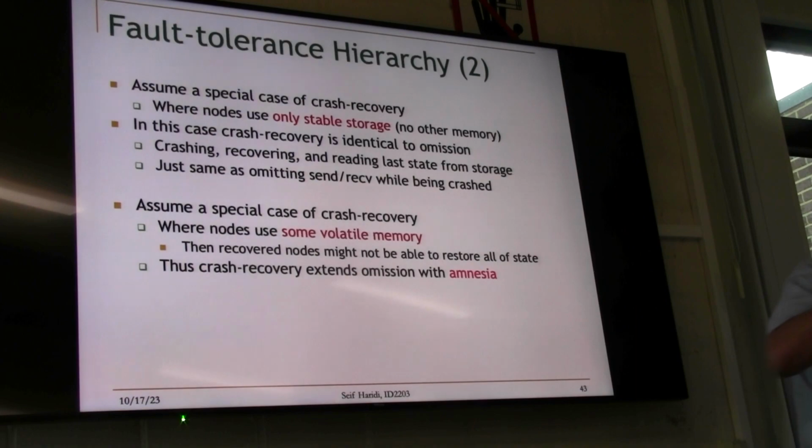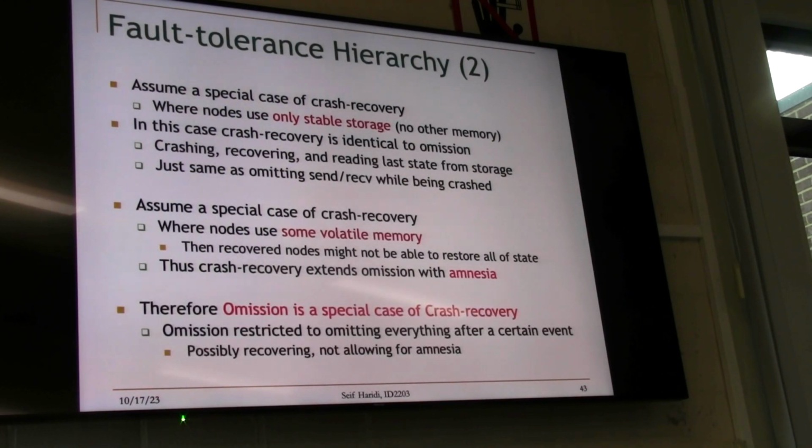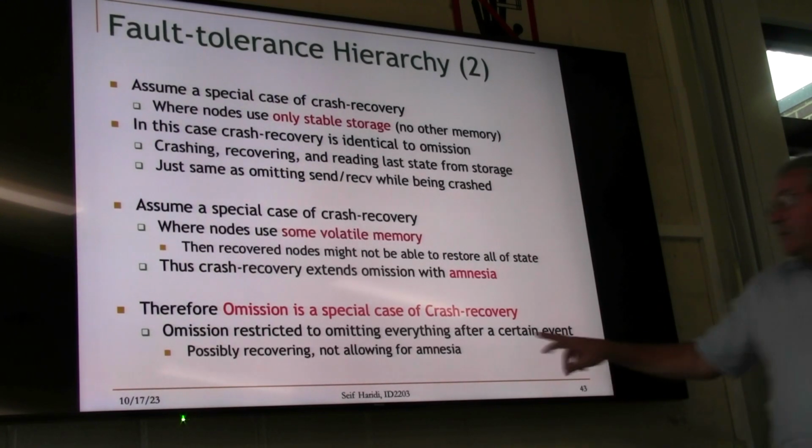So when the node recovers, it has forgotten some stuff, which doesn't happen in omission. Okay? So you see that? So this is not happening in omission. So omission is a special case of crash recovery. Crash recovery is more general because of the amnesia. Okay?